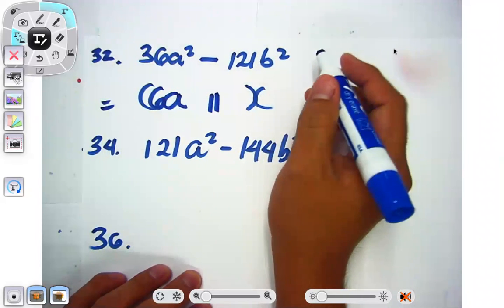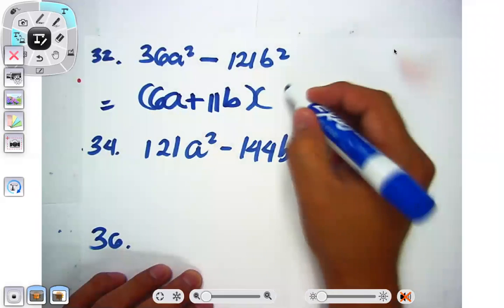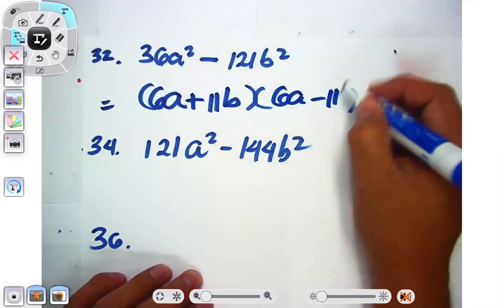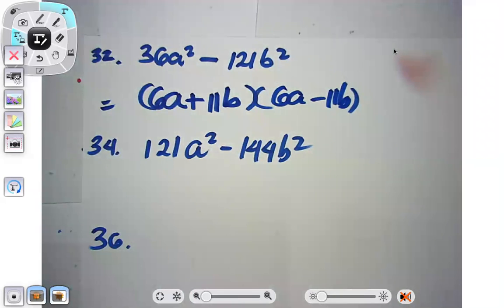Square root of b squared? b. So we have 6a plus 11b. The other one is 6a minus 11b. That will save us from doing the other step. 6a plus 11b and 6a minus 11b are the factors of number 32.